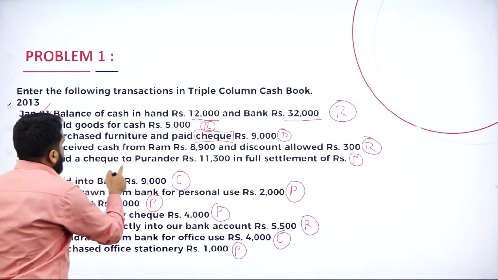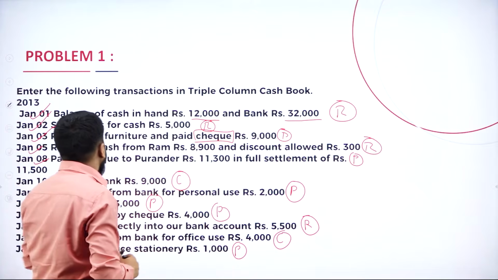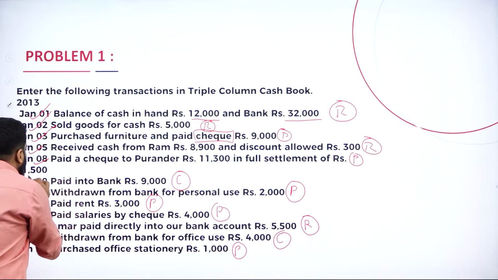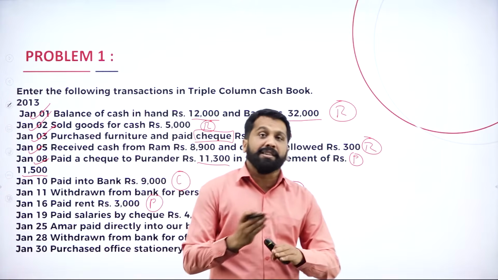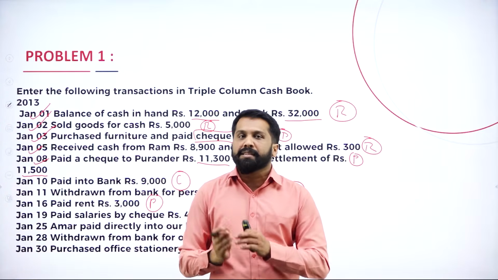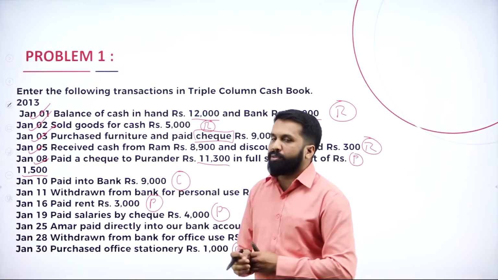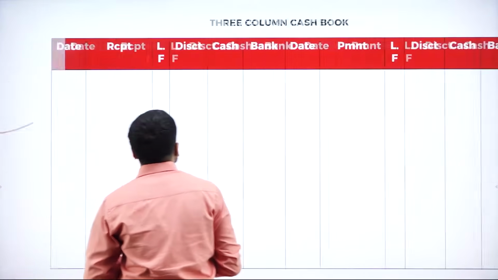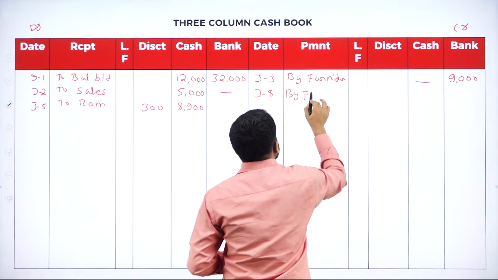paid a check to Purandar 11,300 in full settlement of 11,500. See, out of 11,500, how much did he pay? 11,300. What is the difference? Wherever you find the words full settlement, it means they have settled completely, but they have shown that there is a discount of 200. So, paid a check to Purandar, January 8th, by Purandar.